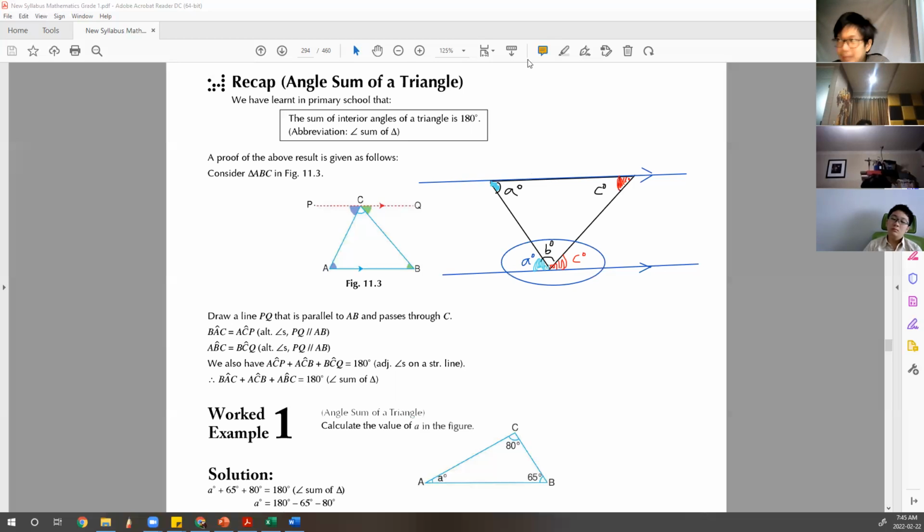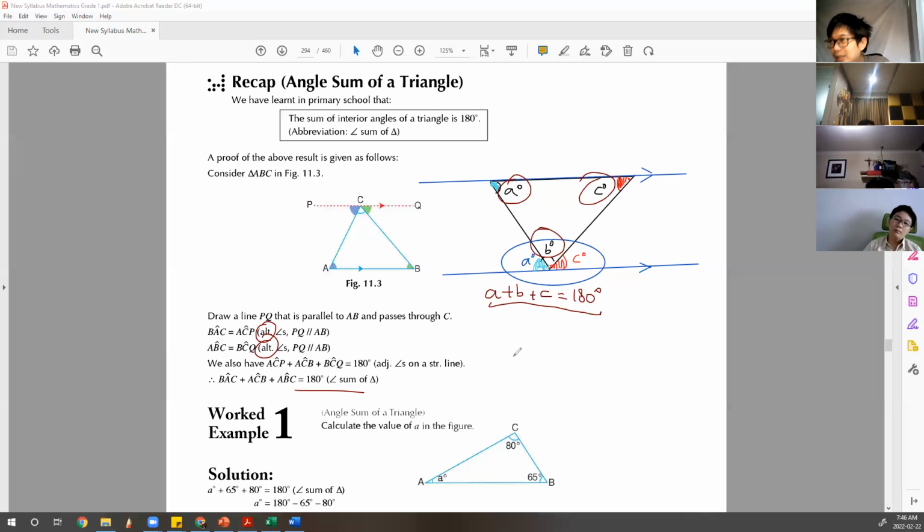What is a supplementary angle? They add up to 180. So this is how you prove A plus B plus C equals 180. Okay, so we know that the sum of the interior angles of a triangle is 180. This is the proof. See, alternate, and the total is 180.